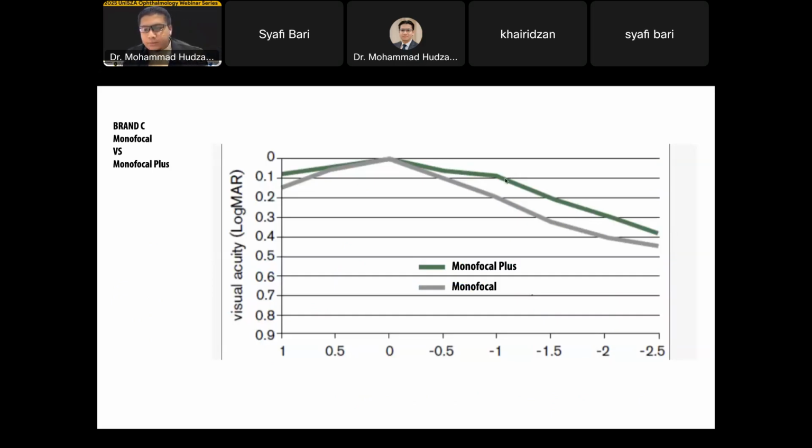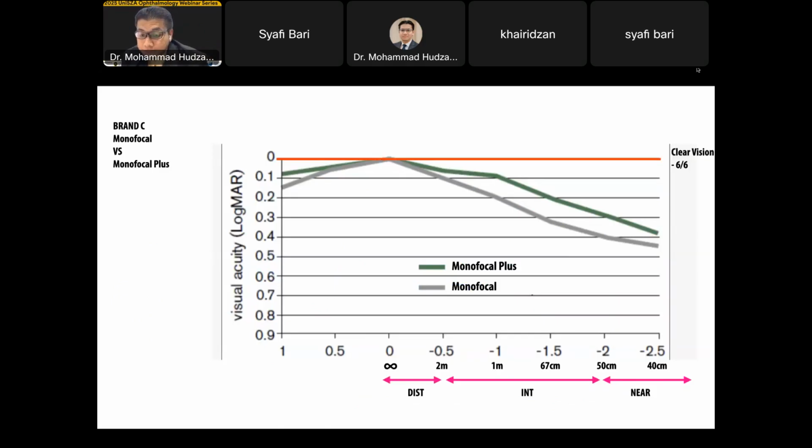maybe the last example. Okay, this is brand C, but they compare the monofocal and monofocal plus. So if we decide the clear vision is at 6.6, both lens basically behave the same. They can only provide a good vision at infinity only. Then after that, everything is dipping.